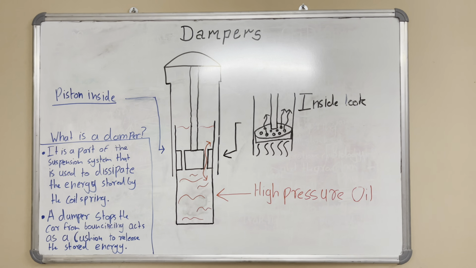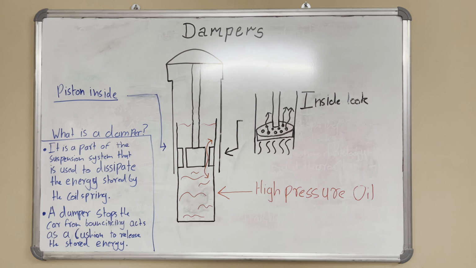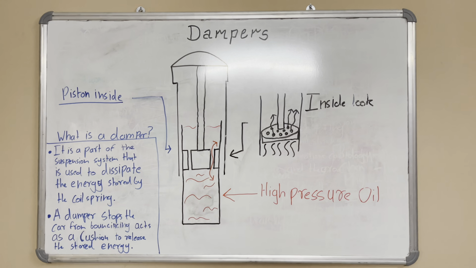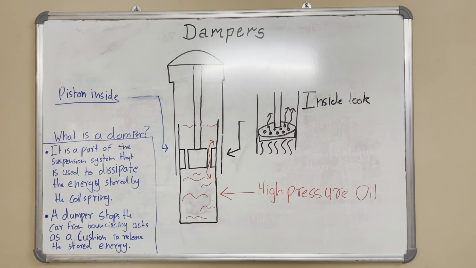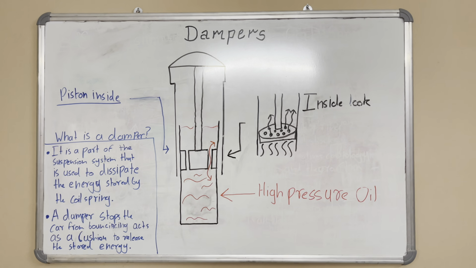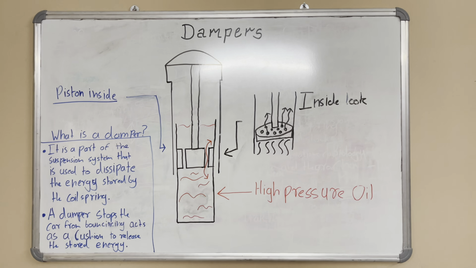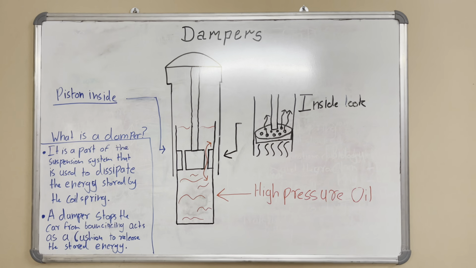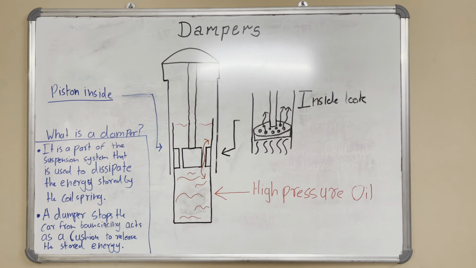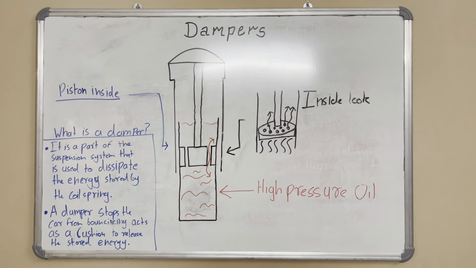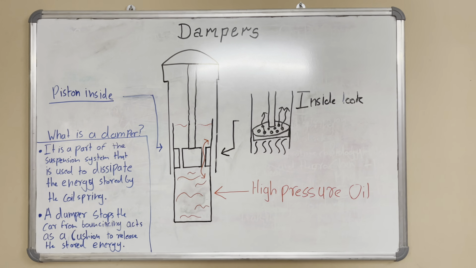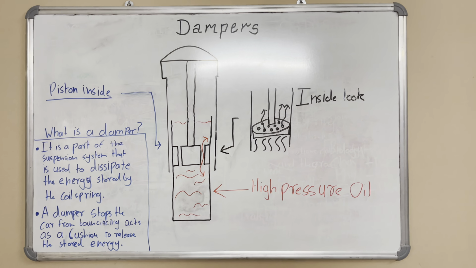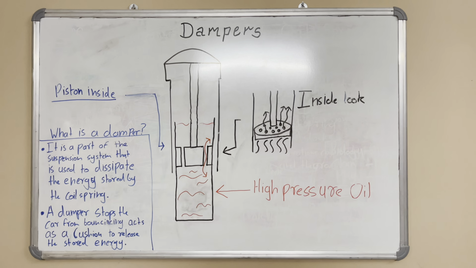And right here we have a small simple diagram of how a damper looks inside the suspension system. So it is basically just a piston with small holes in it to allow the hydraulic fluid to go past it when the suspension kind of compresses. And it can also be a gas.